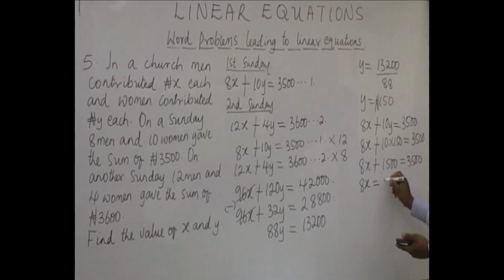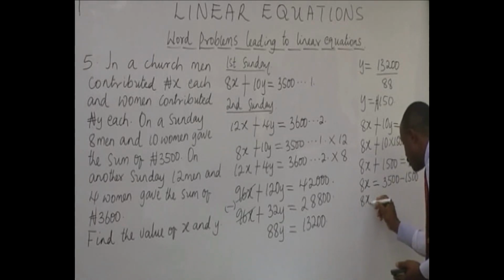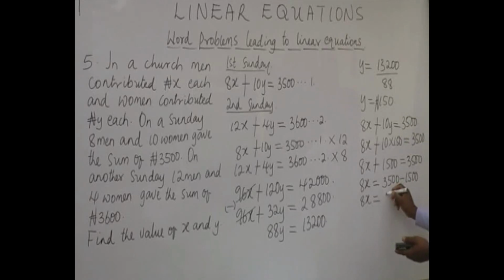It will give you only 8x left on the left-hand side, and on the right-hand side you have 3,500 minus 1,500. 8x is going to be 2,000. 35 minus 15 will leave you with 2,000.